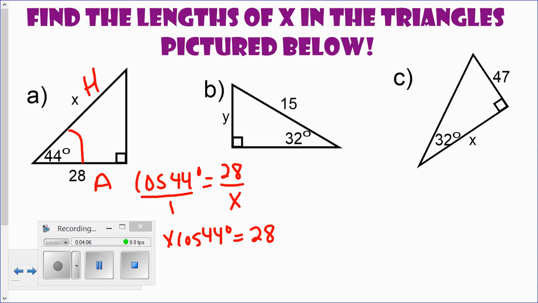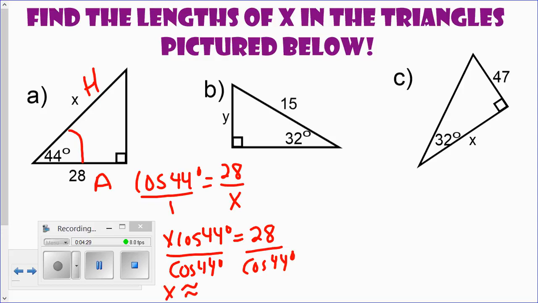So that's almost like if I'm saying 2 times x. Well, how do I solve for x when I have 2 times x? I divide both sides by 2. So again, cosine of 44 degrees is just a number, so I'm going to divide both sides by that number. Now I have x by itself.